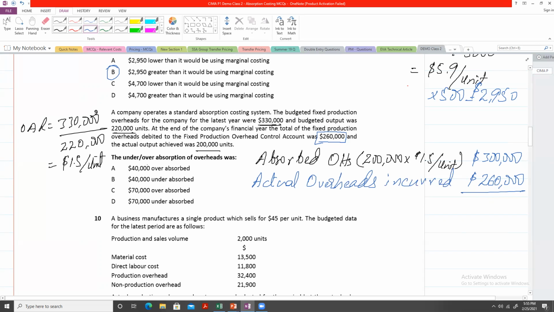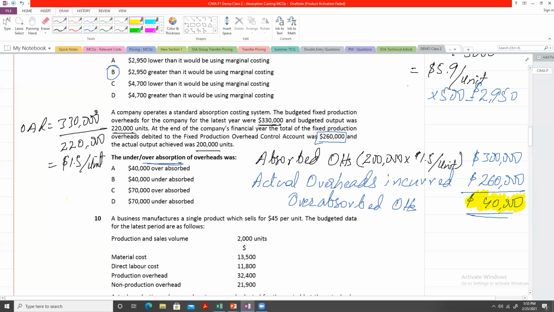This means that this is an over absorption, not under absorption. The difference between the two is 40,000. So this is over absorbed overheads of $40,000. So A is the correct answer.